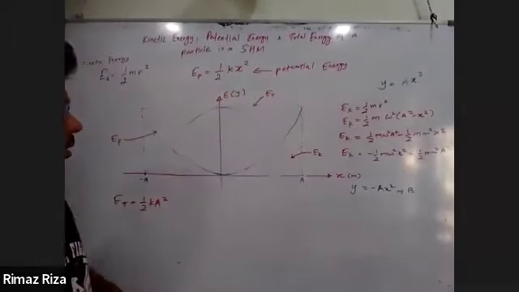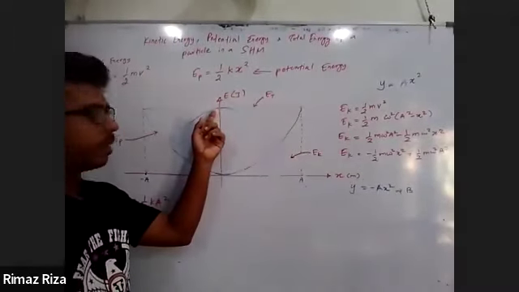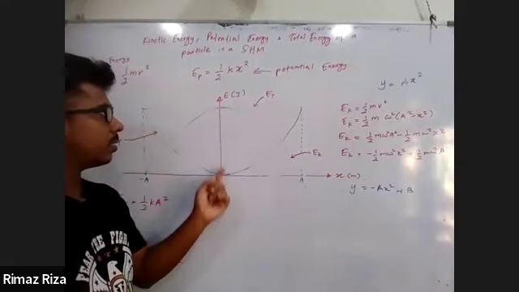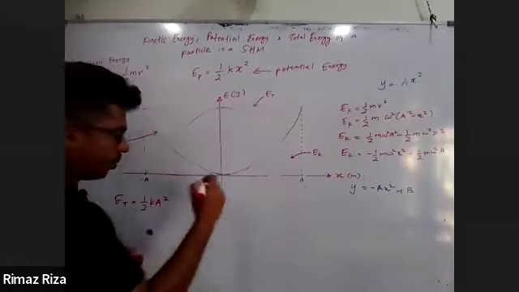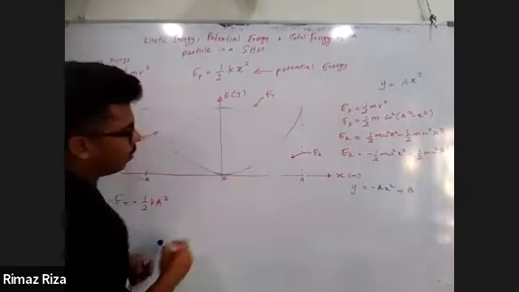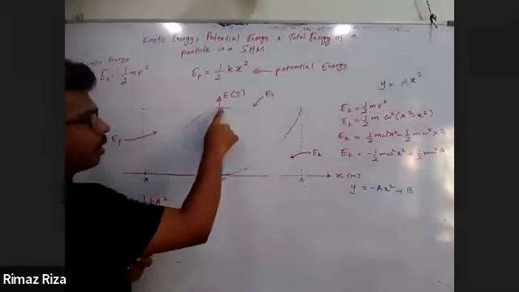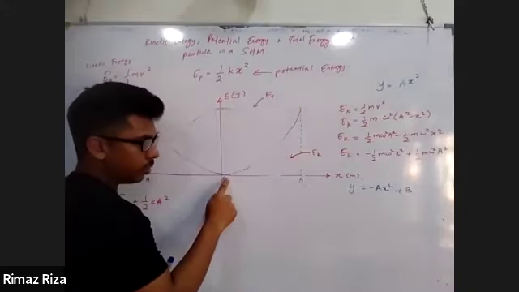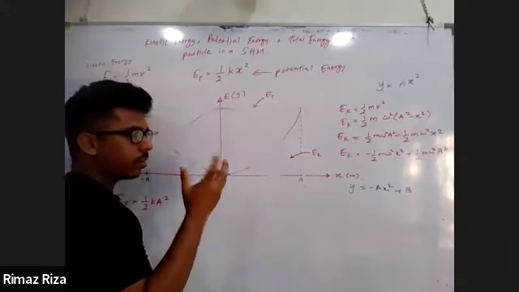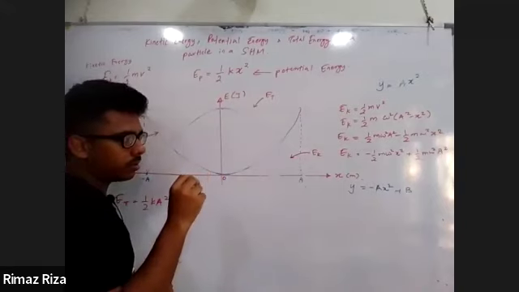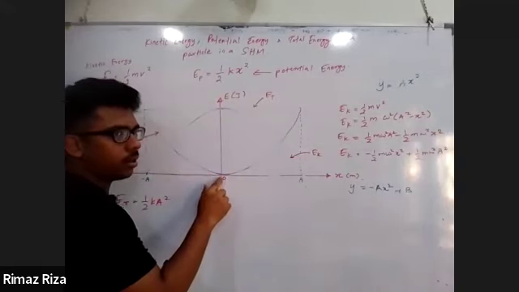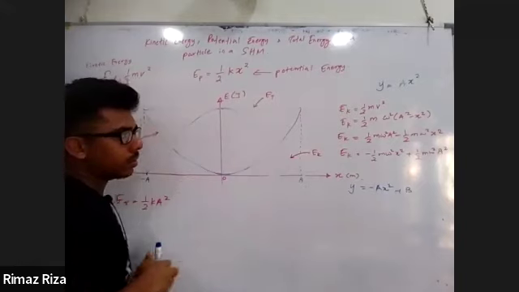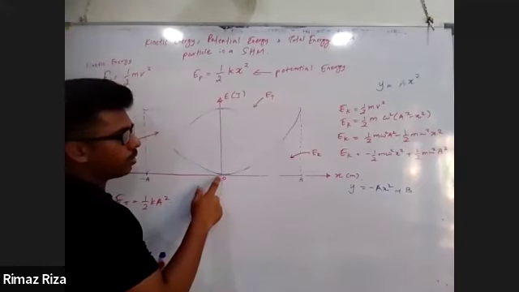So you can see the kinetic energy is maximum at the center, at 0. At the center, kinetic energy is maximum and the potential energy is 0, because if you consider the spring-particle system, the spring is at natural length, so it is not under compression or tension. So there is no elastic potential energy.